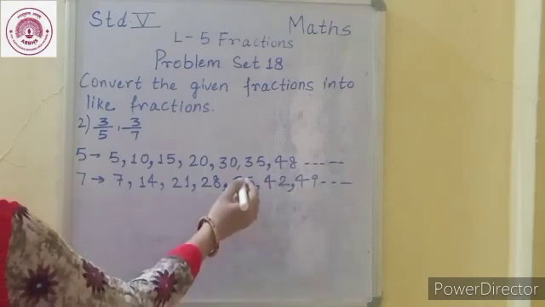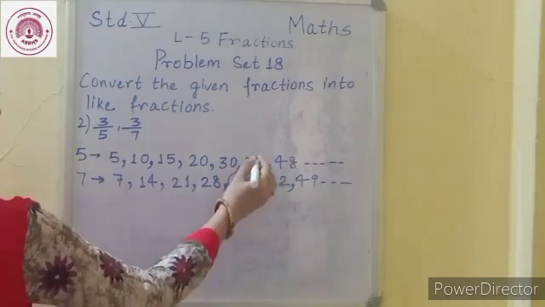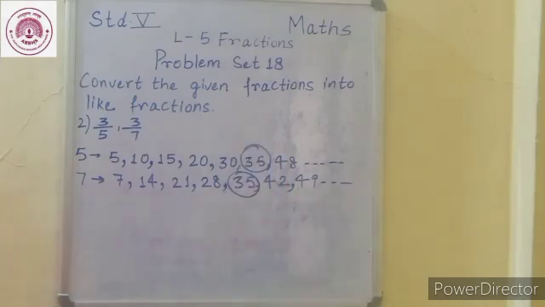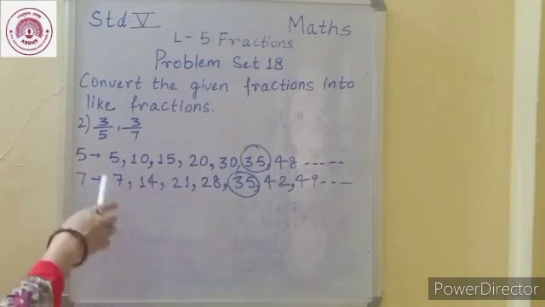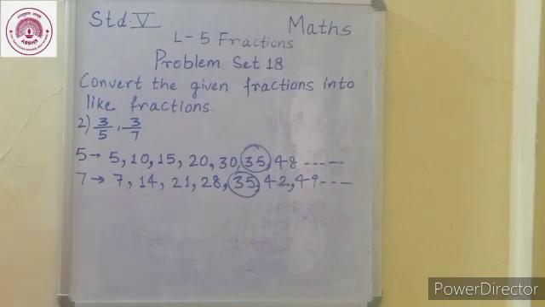You can see we got 35 as the common multiple. 5 sevens are 35 and 7 fives are 35. So we have to make the denominator 35. You can simply find the multiples up to 9. Most probably you will get the common multiple among 9 multiples.